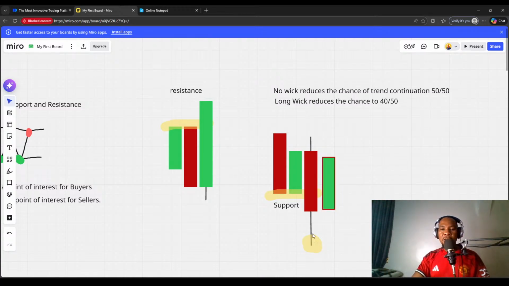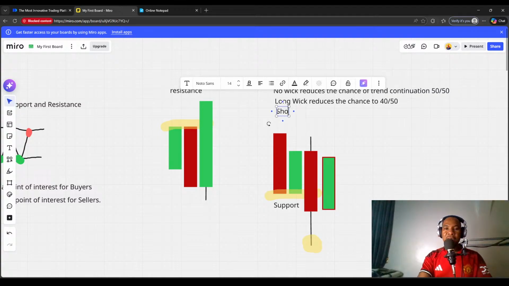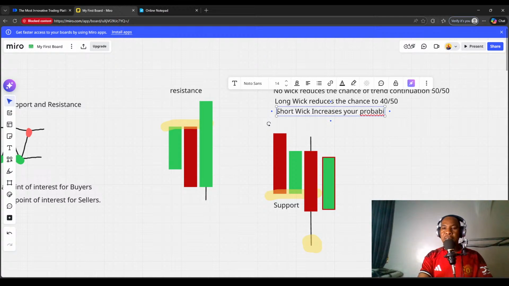So a long wick reduces your chance, but a very short wick increases your probability to about 80, let's just say 70-30.